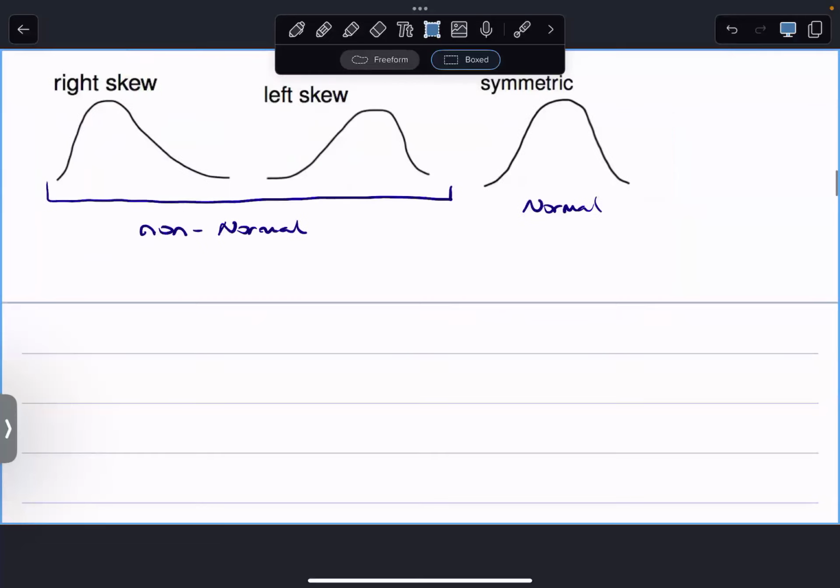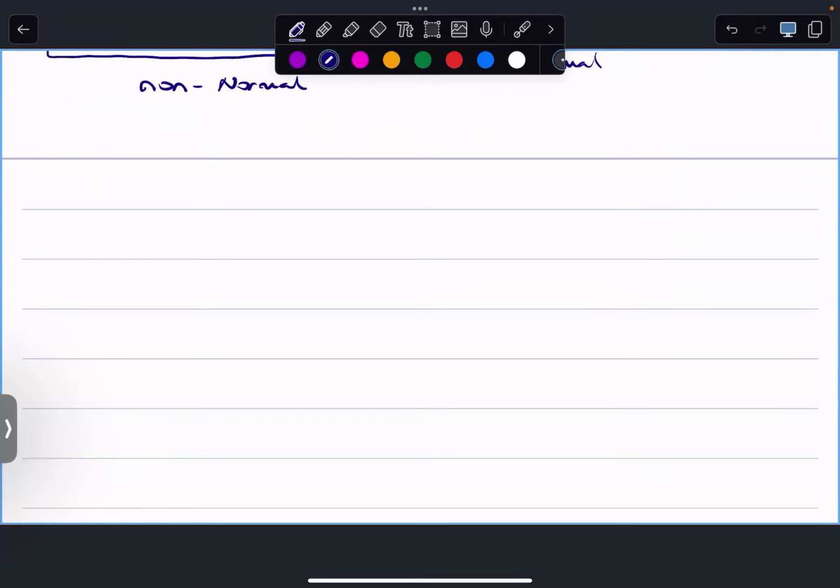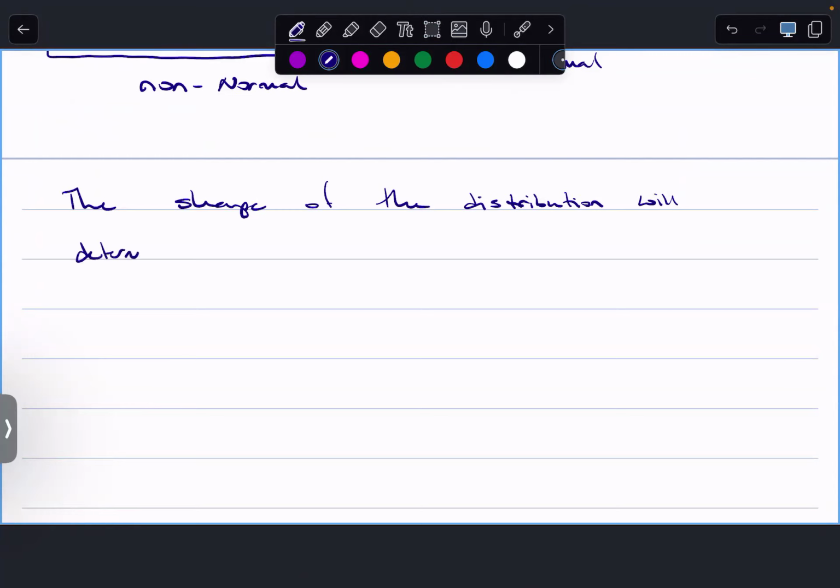The shape of the distribution will determine the appropriate measure of center and spread.